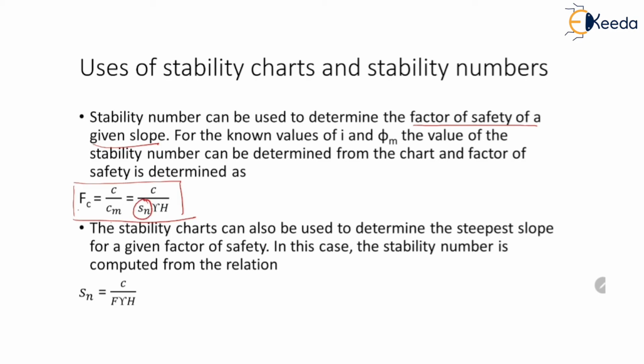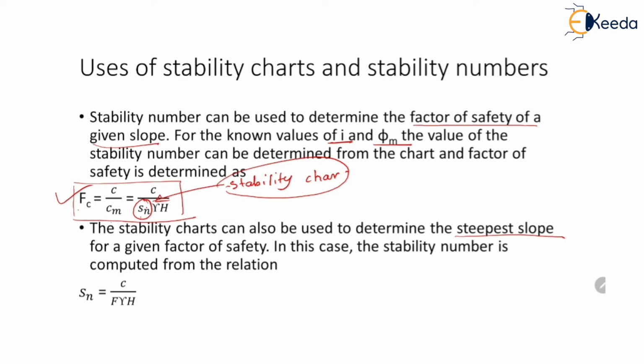This stability number can be obtained from the stability chart. So if we know the value of I, if we know the value of phi m, then we can find the value of Sn from the stability chart, and then putting this value in this equation we can get the value of Fc.